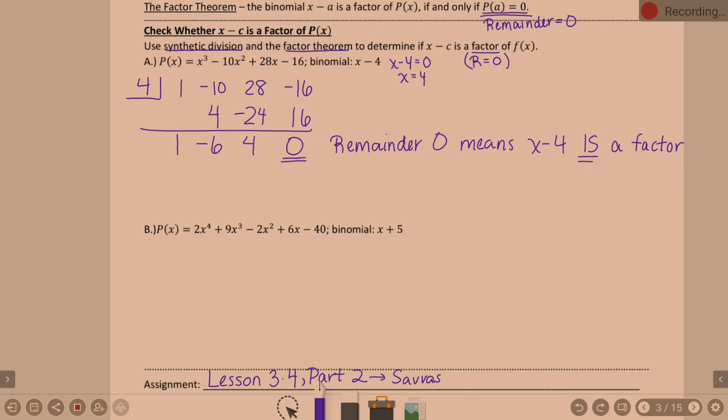Now, based on my notes, I'm guessing you're going to have to write factored form. Now, the pieces are here. We just said that x minus 4 is a factor, yes?